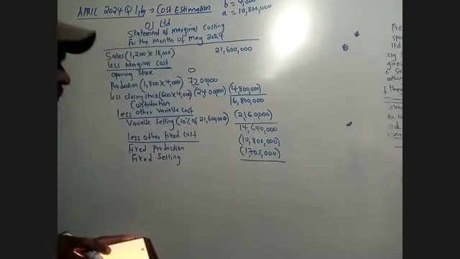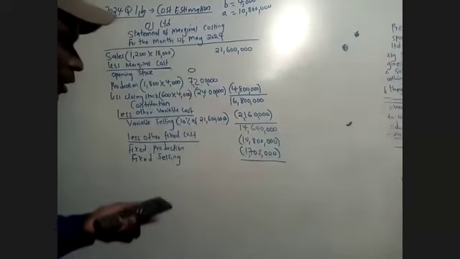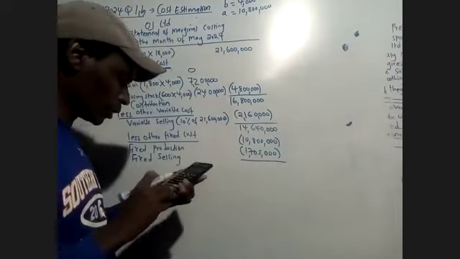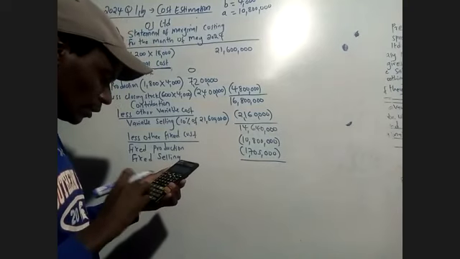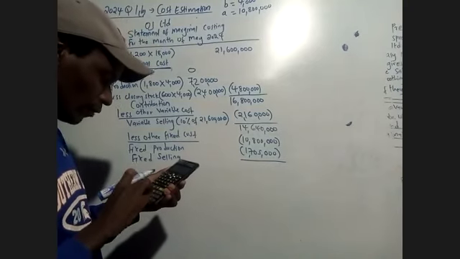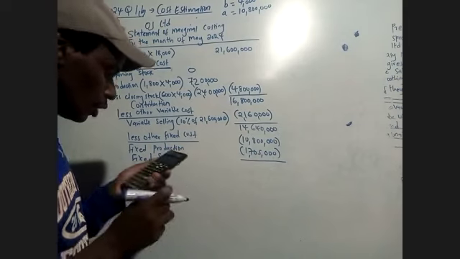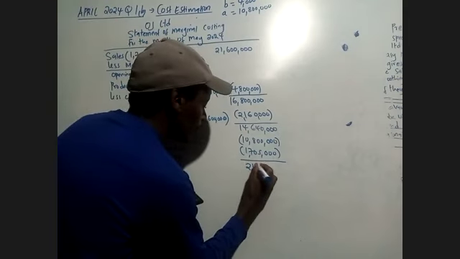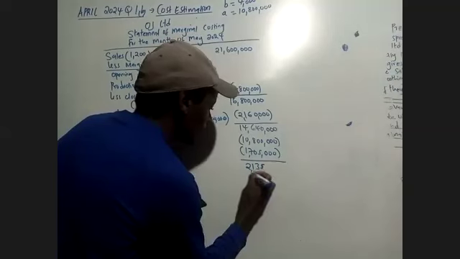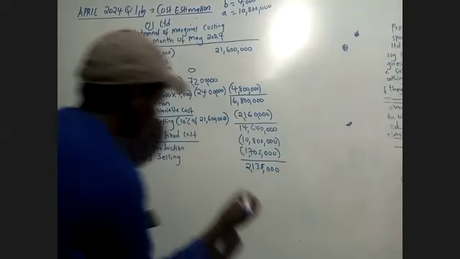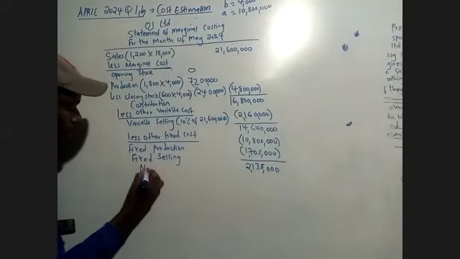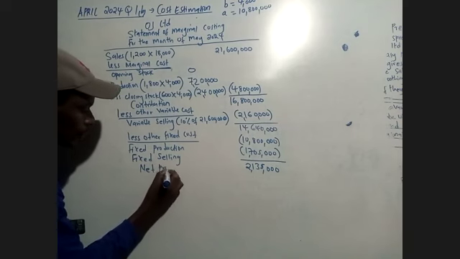So hilo tupatia ngapi? What do you think? Let us see. 14,640 minus 10,800 minus 17,05. Tupatia 21,35,000. This one becomes our net profit.